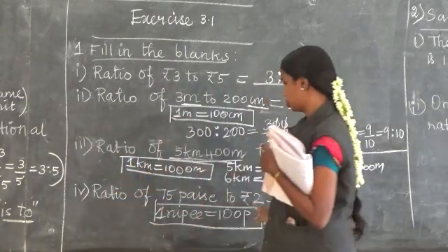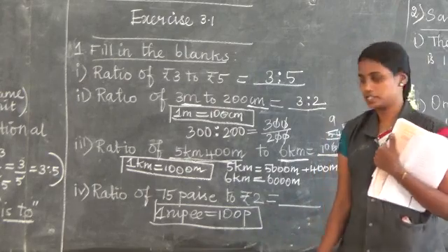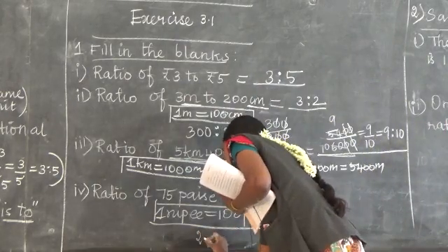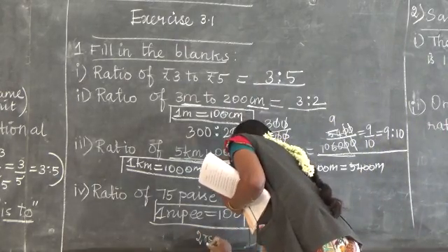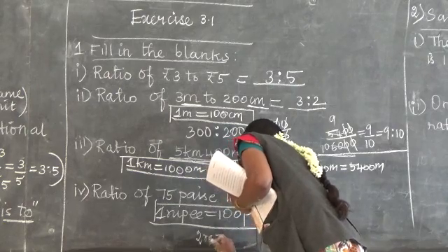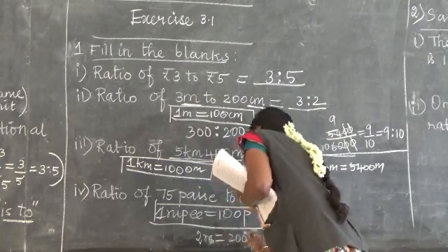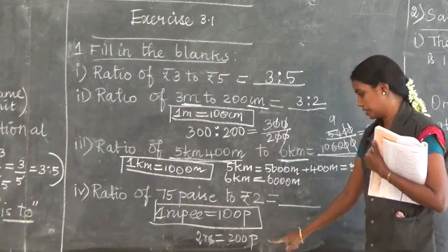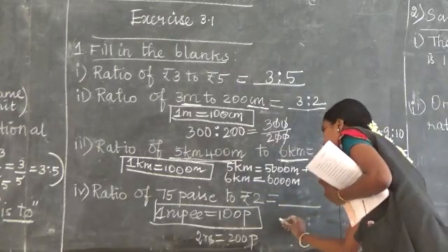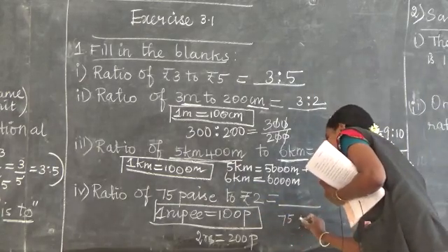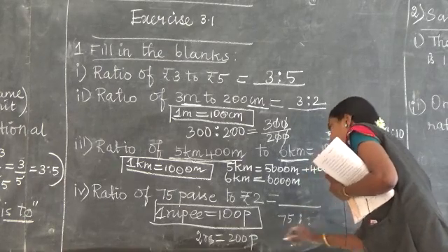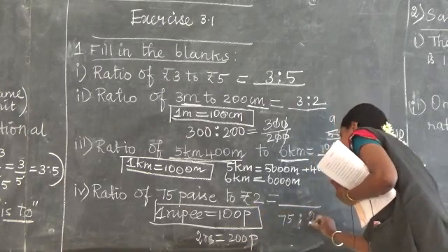So the second term, 2 rupees, I am going to change to paise. 2 rupees is equal to 200 paise. So now write 75 is to 200. Second term is 200.